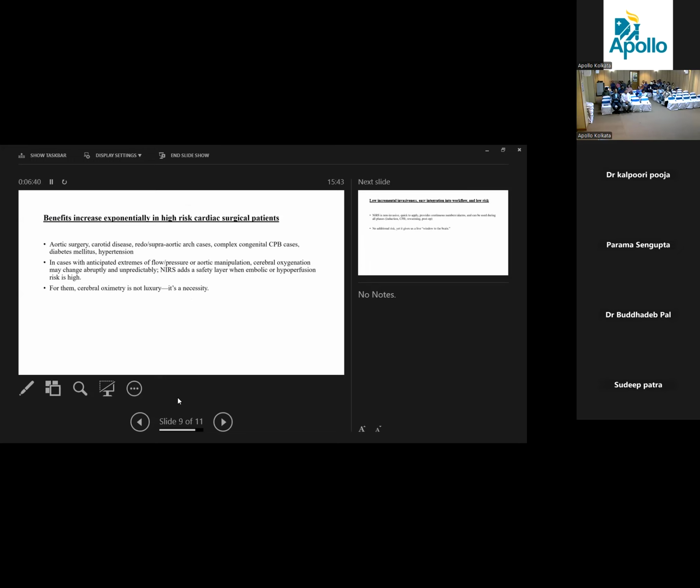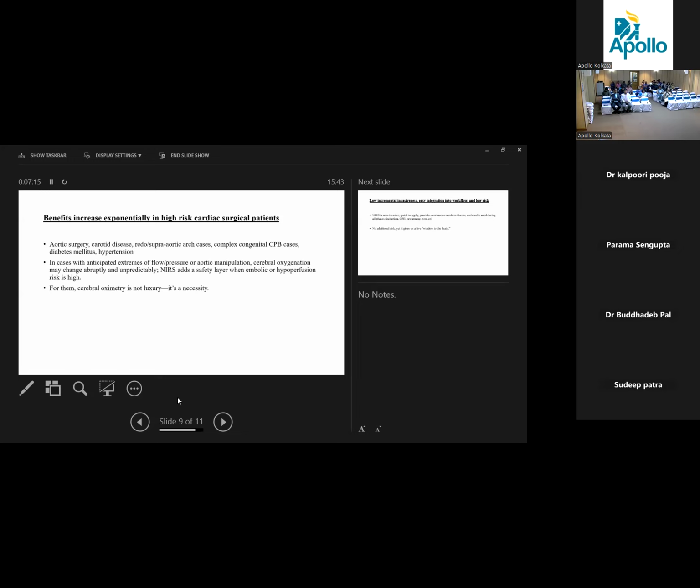It also has benefits in high-risk cardiac surgical patients. Though we can use it in all patients, it is especially used in aortic surgery cases, carotid disease patients, those who have bilateral carotid stenosis, redo or supra-aortic arch cases, and complex congenital cases done on CPB. Then diabetes mellitus patients, as they have microvascular complications, so NIRS will predict the hypoperfusion much before we can detect it by lowering of the saturation.